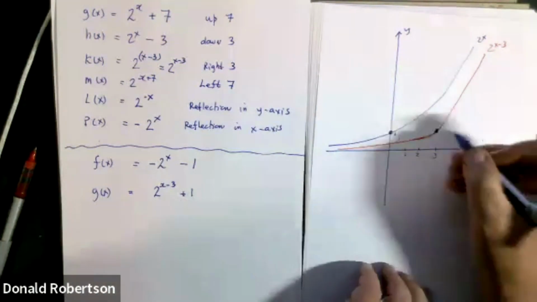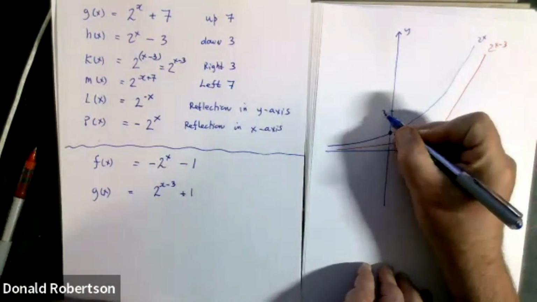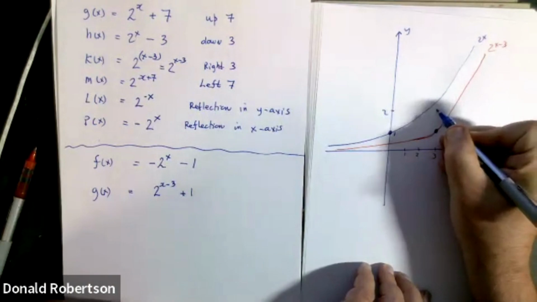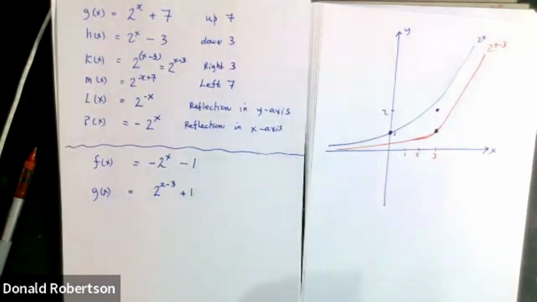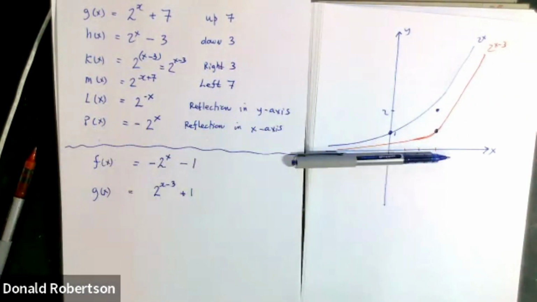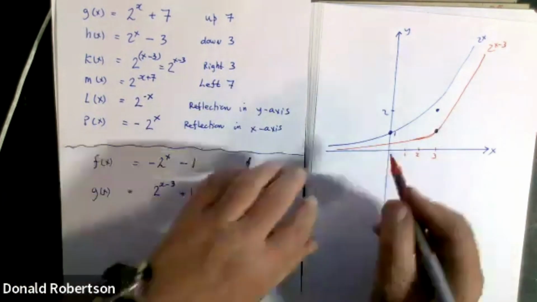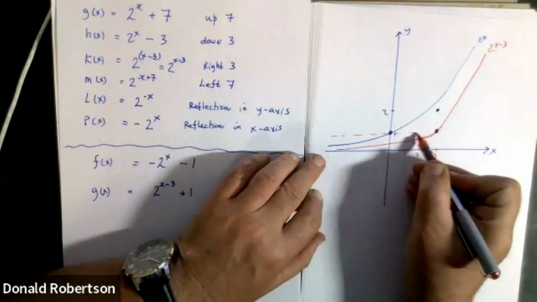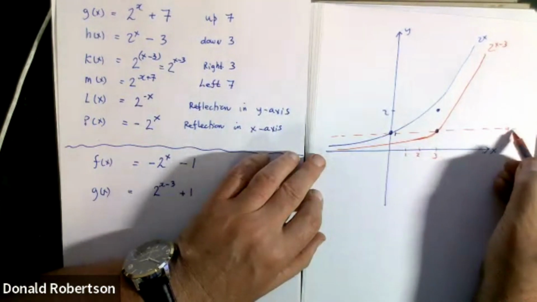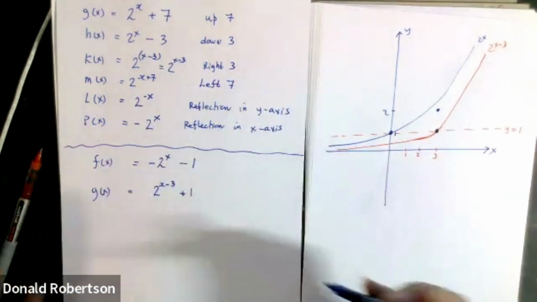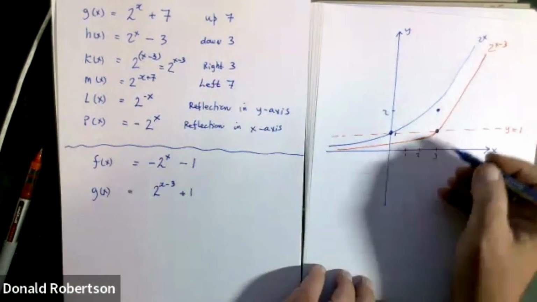Now I'm going to move it up one. So if you move it up one, it's now, say, here. The horizontal asymptote also gets moved up one. So it's now going to be not the x-axis anymore, but one above it. And this is getting pretty messy.